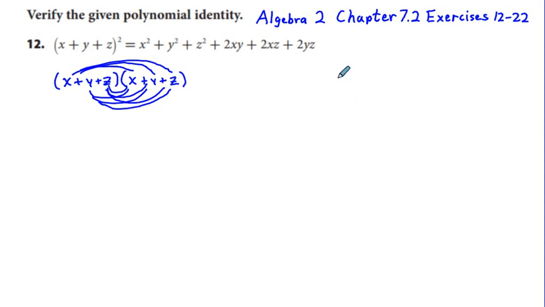You could do that. But I would probably, for organizational utility, set the thing up like this. Now that's just me.